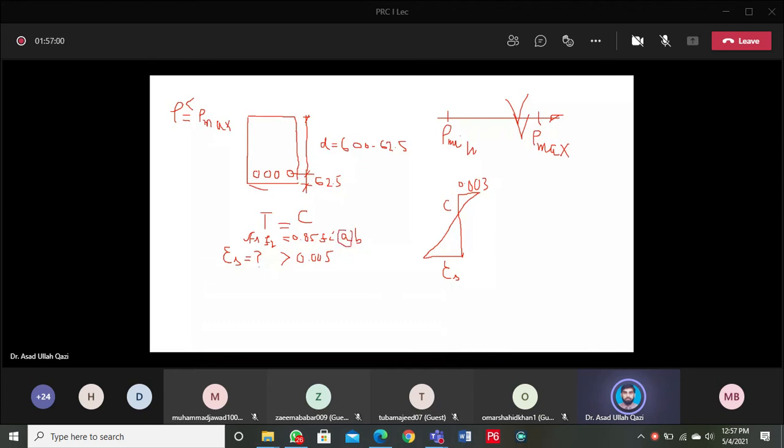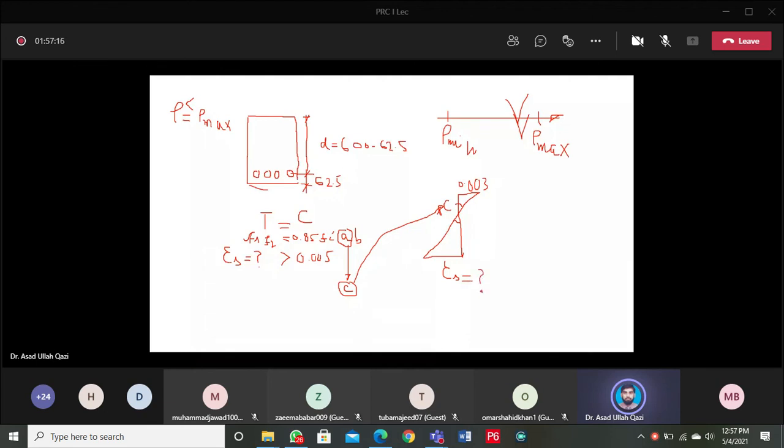From a, you will get c. From c, you will draw the strain diagram. And from similar triangles, you will get epsilon s.